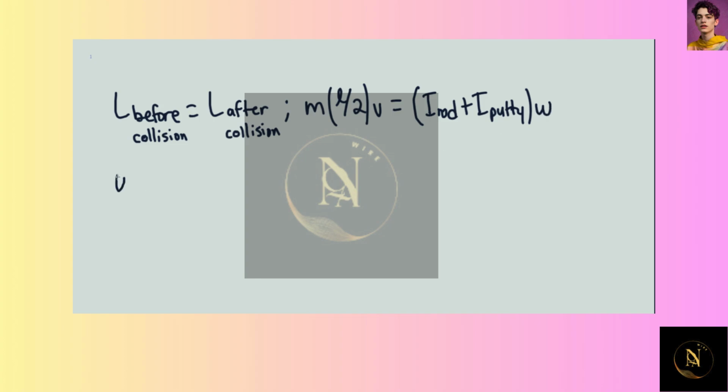And so we can see that the angular velocity would be equal to the mass times the length times V divided by 2 times the moment of inertia for the rod plus the moment of inertia for the putty.